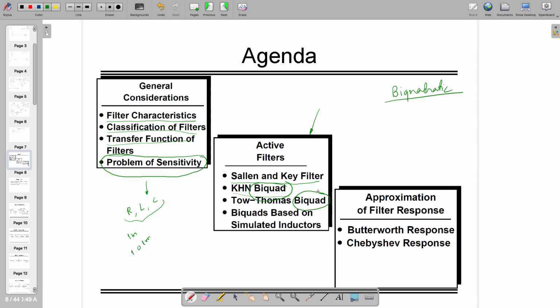And thereafter, as I told you, this active filter may not have all the unique solution. Just to make a unique solution, you may have some approximation for filter response. Those might be Butterworth, Chebyshev, Bessel. You heard about this? Yeah, maybe elliptic.